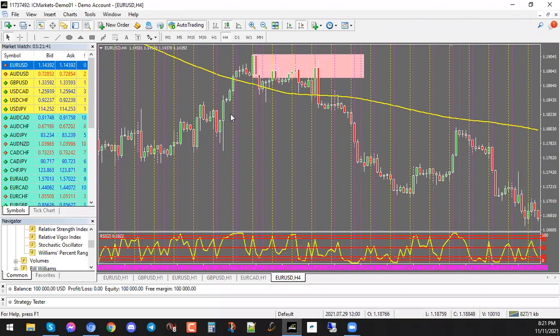Okay, so this would become a bearish order block. So in an up move, the last up candle before the down move creates a bearish order block. In a down move, so let's say the price is trending downward, you're looking for the last down candle before the up move to create the bullish order block.